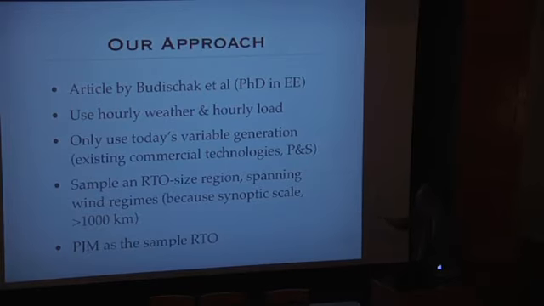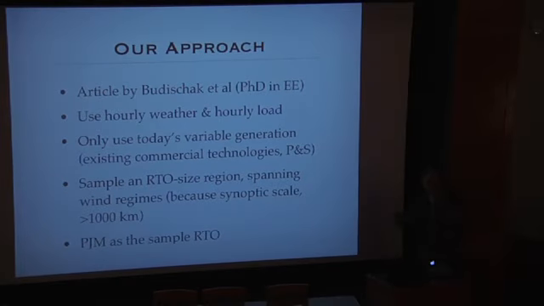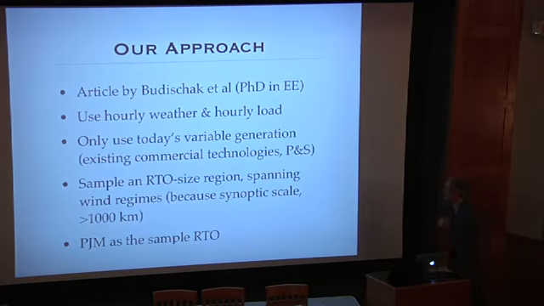Okay, so we want to do an RTO-sized region, something bigger than Denmark, and we want to span wind regimes because, how many meteorologists in the room? Well, that's sad, okay. We want to be working at the synoptic scale, that is, the scale at which you go from one weather system to another.